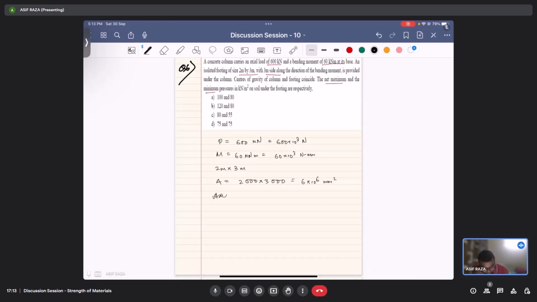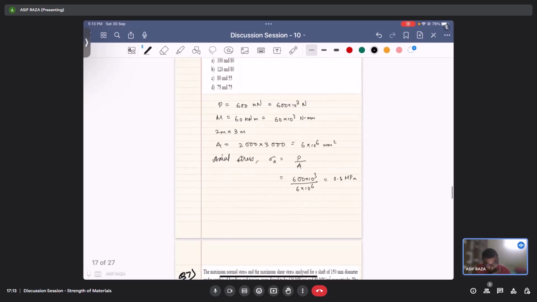So axial stress would be generated, I'll just write it as sigma A, that would be equal to P by A, and that is 600 into 10 power 3 upon area 6 into 10 power 6, and this is equal to 0.1 megapascal.